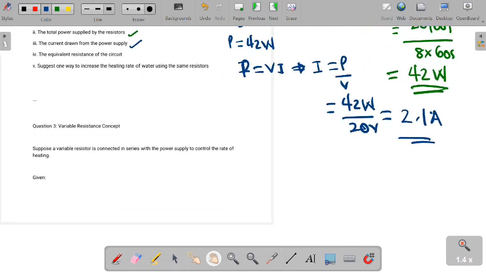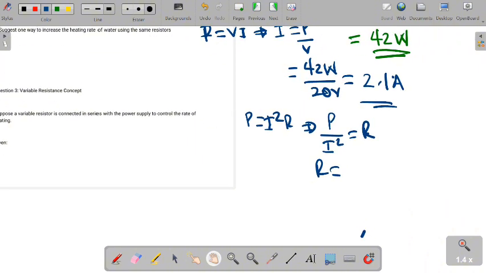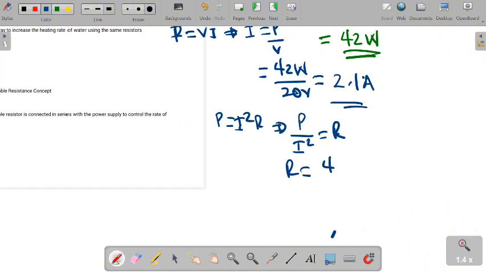Now from here they want us to find the equivalent resistance. So this is getting interesting. For equivalent resistance, we're going to use the same mechanism. We'll say power is equal to I squared R. Equivalent resistance is total resistance. Making that the subject, that will be power divided by I squared equals R. So R will be equal to the power, which is 42 watts, divided by 2.1 amperes squared.